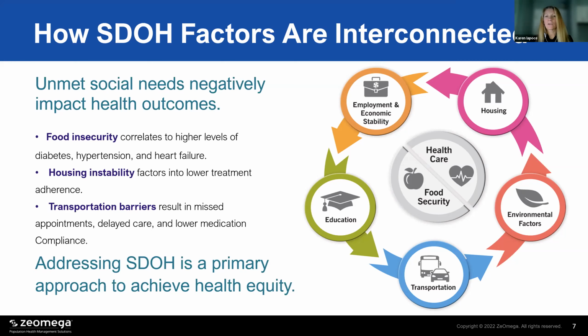I probably should have told the participants from the very beginning that I'm a registered nurse by trade, and so this is a population that I've worked with very heavily in the past. Here at ZeOmega, within our platform, we look at our individuals at community level, then we gather all of that data and look at our individuals at a population and at a member level.